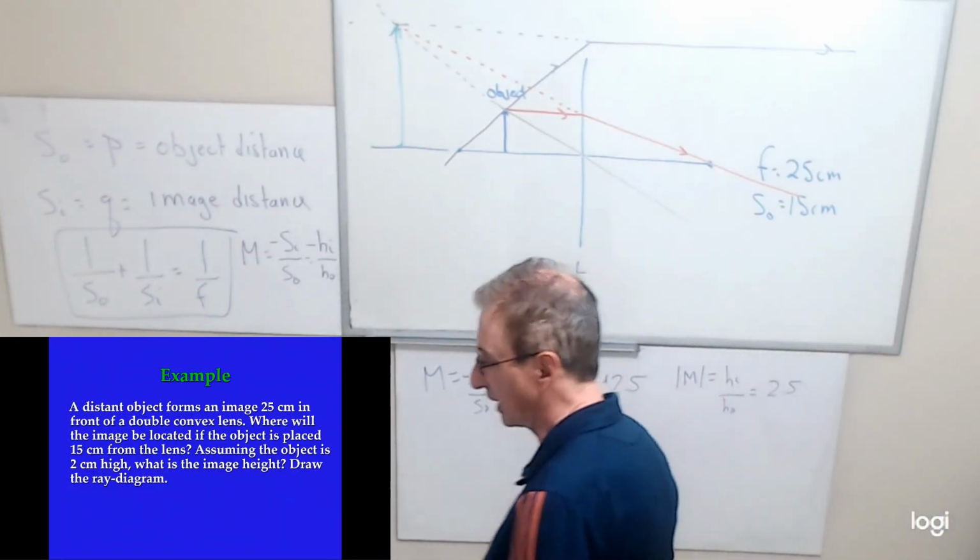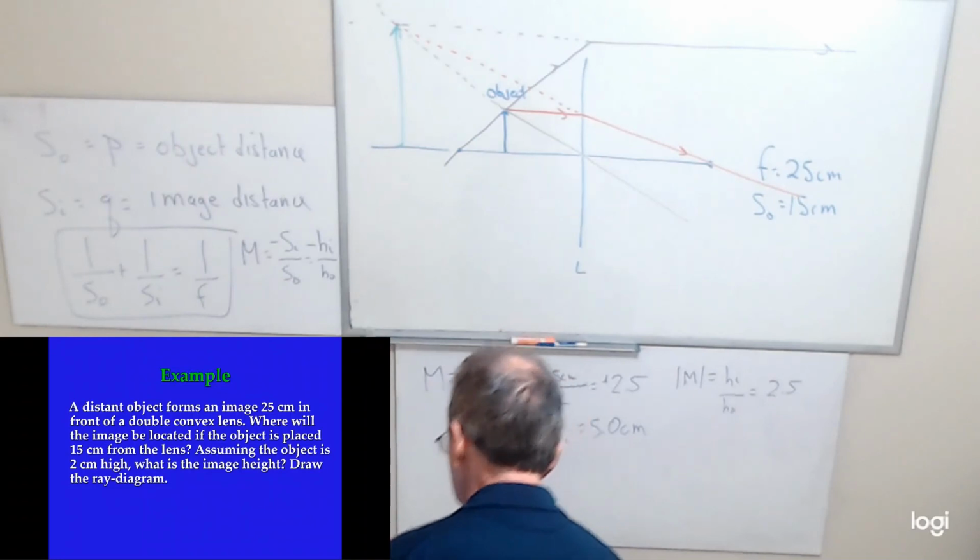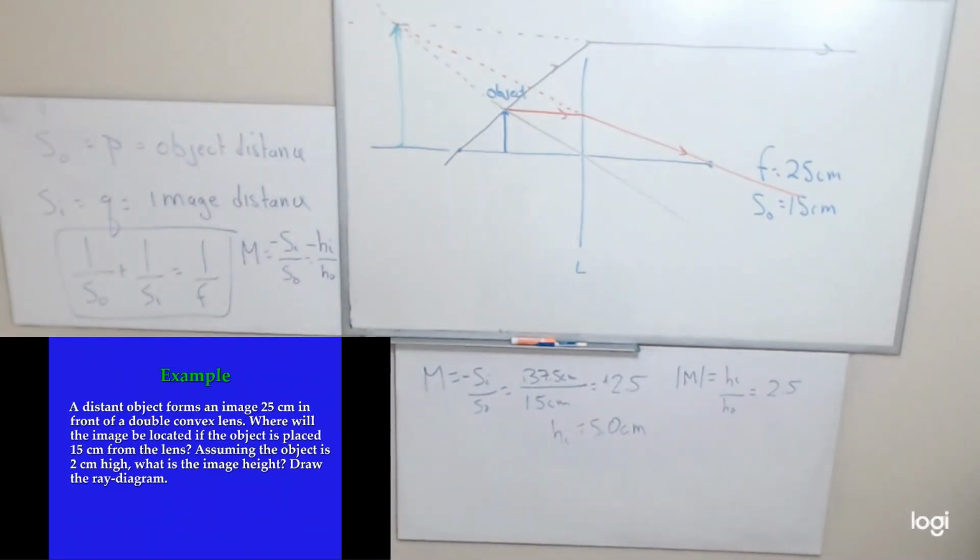If this were a concave mirror, you would have a similar drawing, except that the image would be on the opposite side of the mirror. Now, one of the things you need to learn is to really study the characteristics of the image formed by a single optical element.